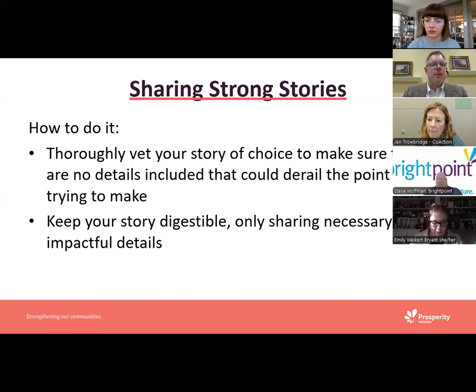You want to be thinking about how that leads to the point that you're trying to make, so that you're not opening the door to unproductive tangents that sometimes the legislators might be prone to take. You also don't want to overly complicate what you're trying to get at.